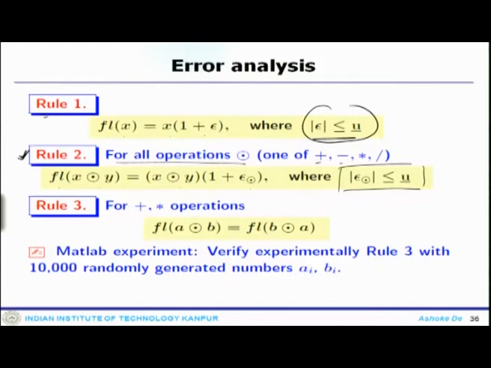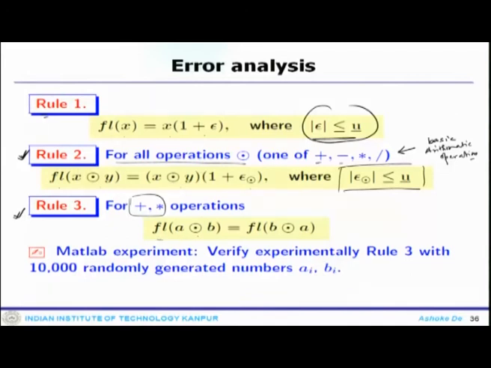So, this is again an important rule which takes care of the basic arithmetic operations. Rule number 3 is very specific to addition and multiplication operations.